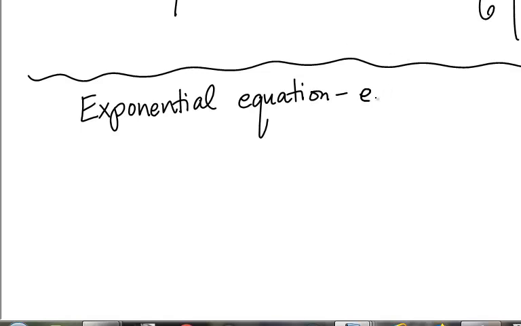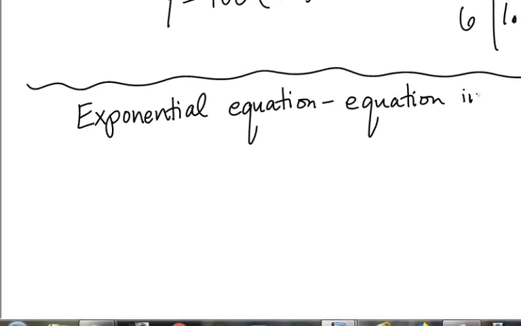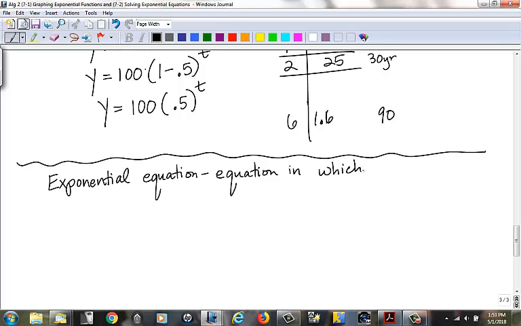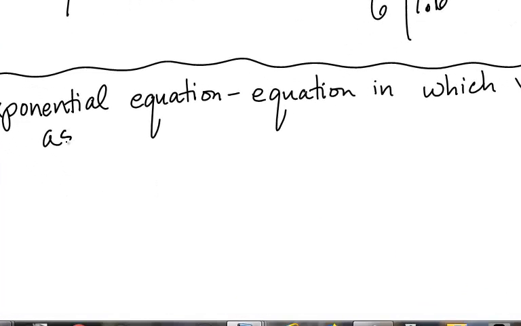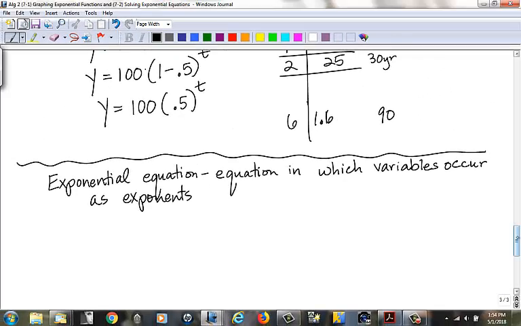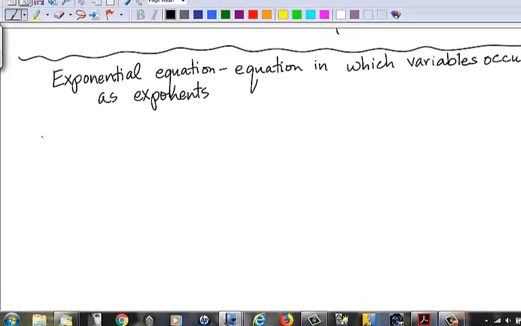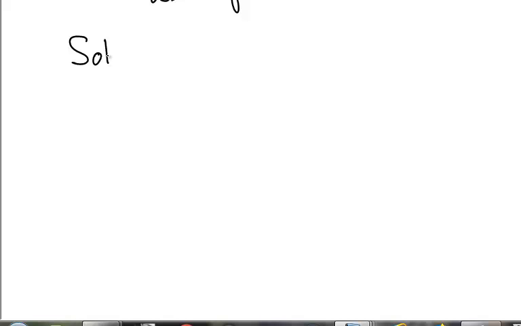An exponential equation is an equation in which variables occur as exponents. So you're going to have a variable up as an exponent. And for this assignment, I'll show you the main method. It will just say solve.